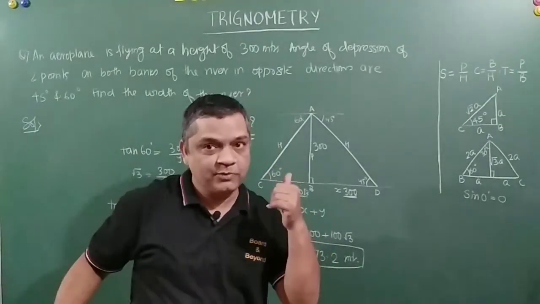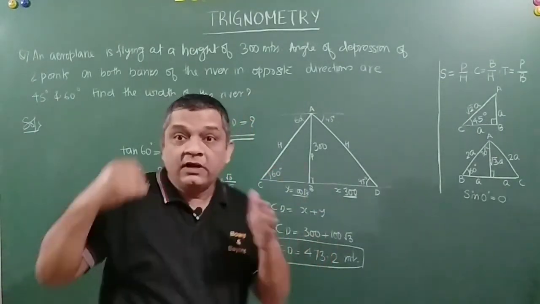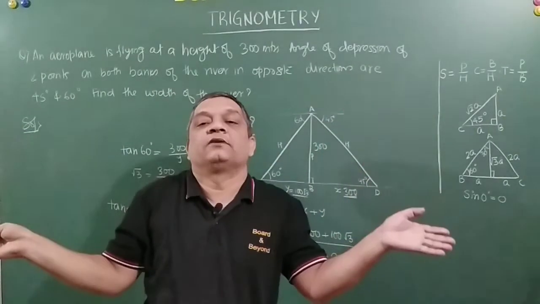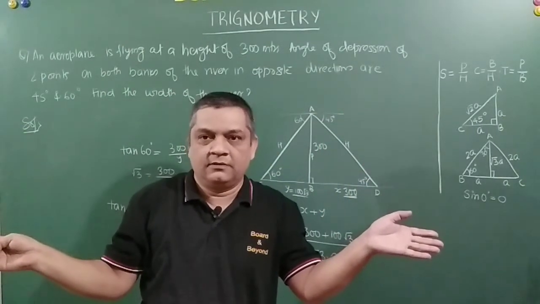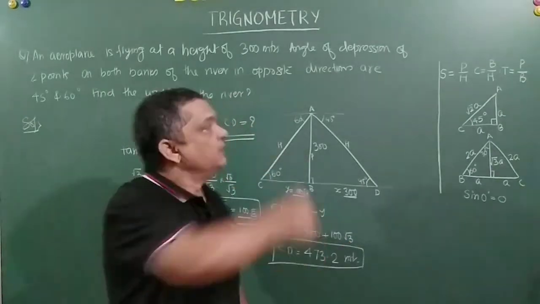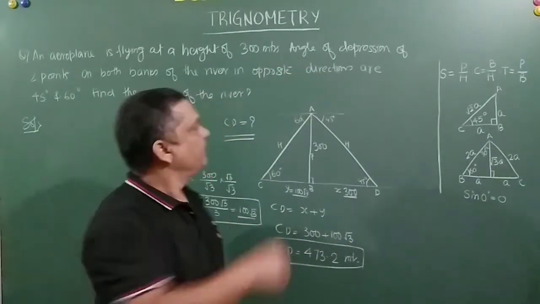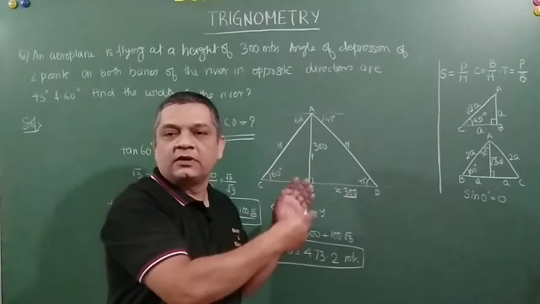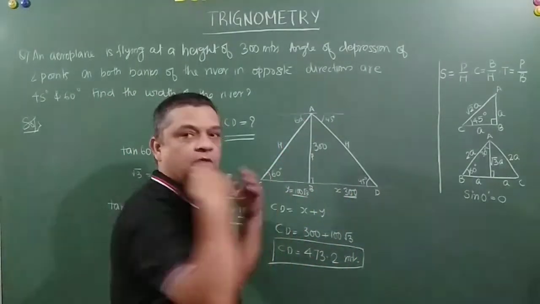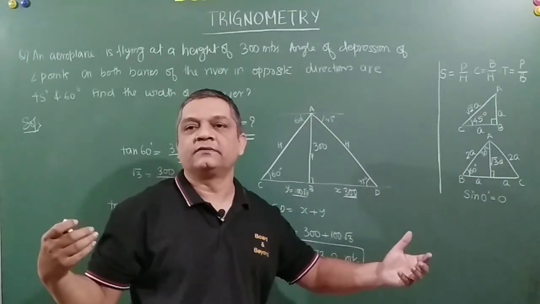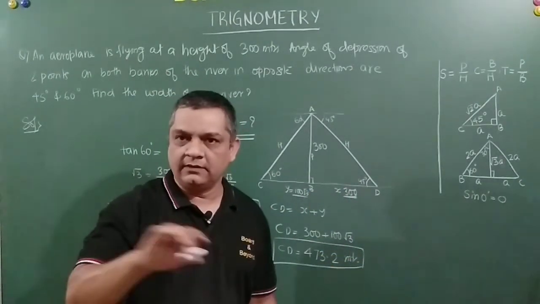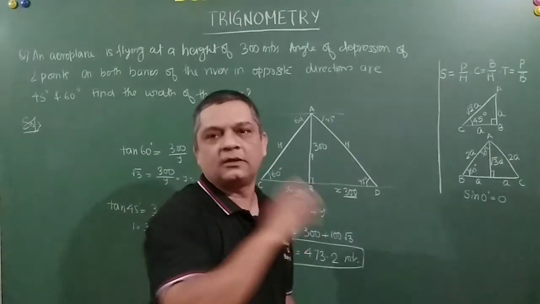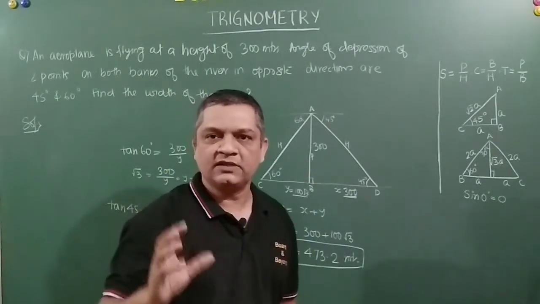In this problem there is an altitude and the 2 points are on either side of the altitude. These words and values may change, but the underlying concept will remain the same. So let us move on to the next one.